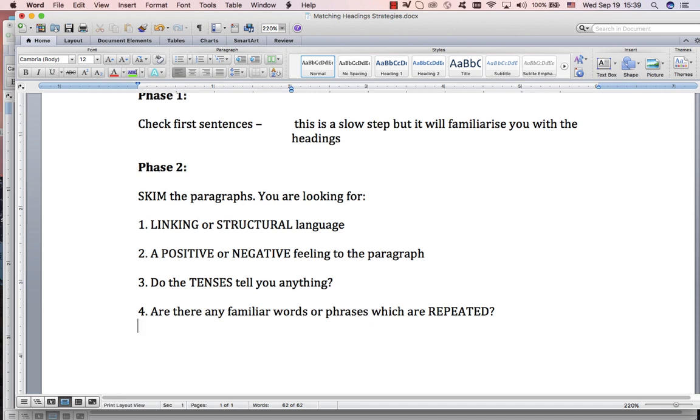Notice those and don't underline them, but just see if they get repeated throughout 3 or 4 times in the paragraph, because often repetition is a good indication of a topic of a paragraph. So let's go and skim. We're going to just do these 4 things and see if any of these 4 things help us. Remember, we are skimming, we are not reading.